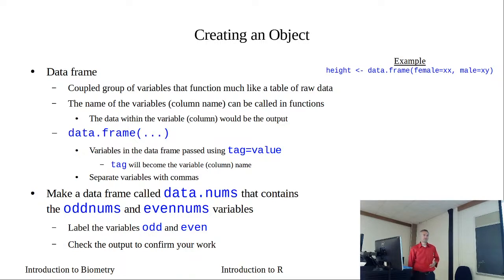But when we put these vectors together, we're going to call it a data frame because some of our functions need the structure of a data frame, which is each column is its own variable. The other advantage is when you put them in the data frame, each item number corresponds to the same row.